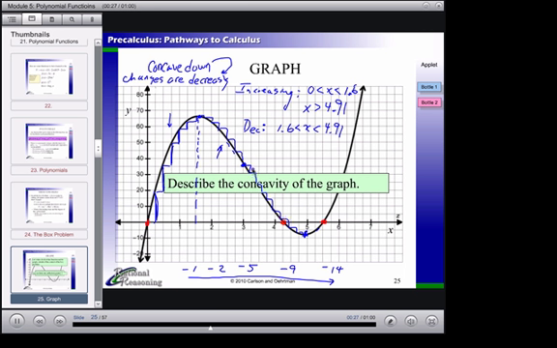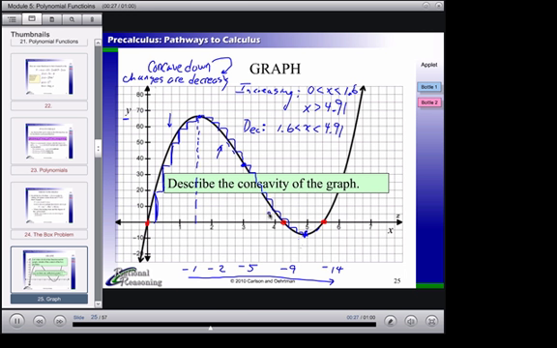So we got to start with, are the changes negative or positive? Are the changes negative or positive changes of y? They're negative changes of y. Are they becoming more negative or less negative? Less negative. So the changes are increasing.